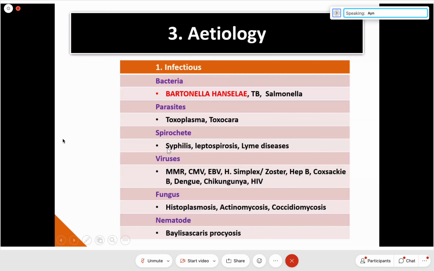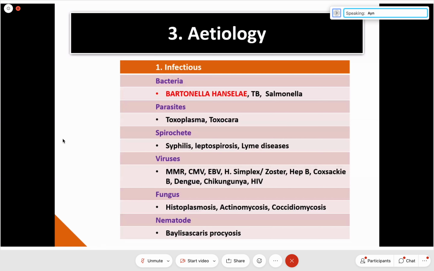But the most common, the Bartonella henselae, which cause cat scratch disease, consists of about more than 2/3 of the etiology of neuroretinitis. As you can see here, other organisms such as TB, Salmonella, Toxoplasma, syphilis, Leptospira, and many viruses here, including the fungus and nematode, also can lead to neuroretinitis.